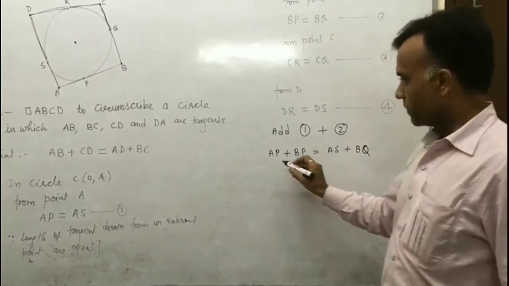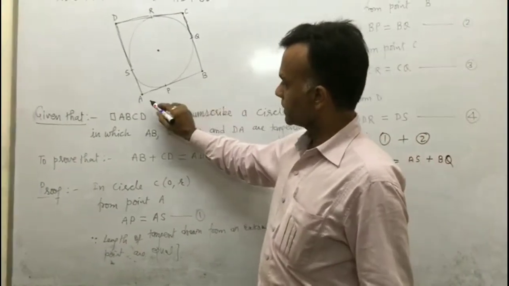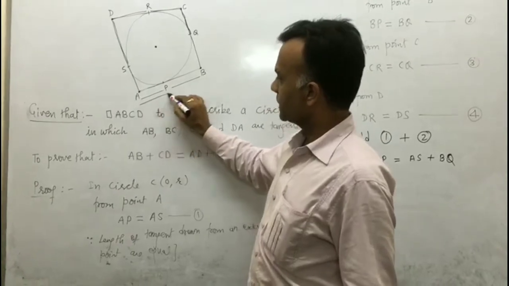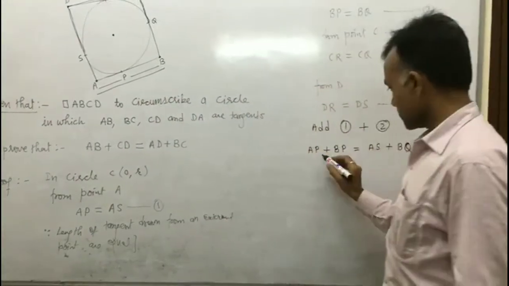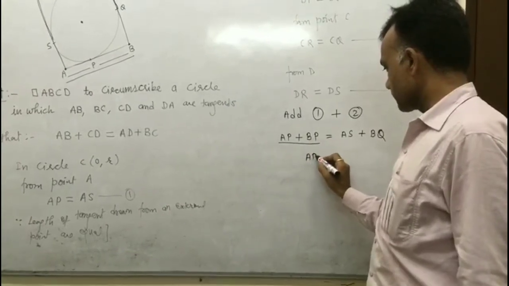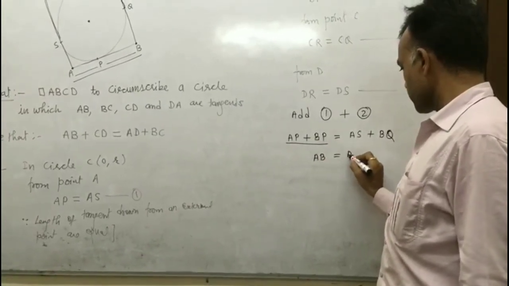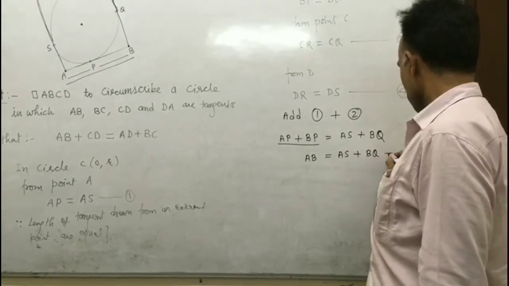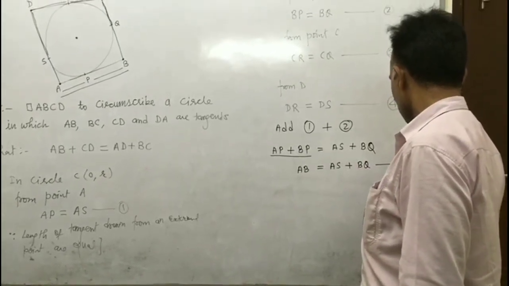Now AP plus BP: you add this distance AP and then PB, and you make a complete line AB. So AP plus BP equals AB, and you put as it is AS plus BQ. Okay, this is equation 5.